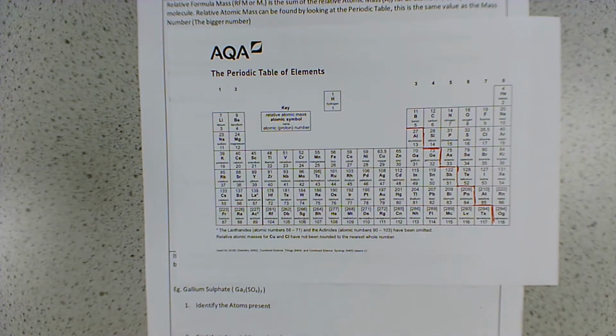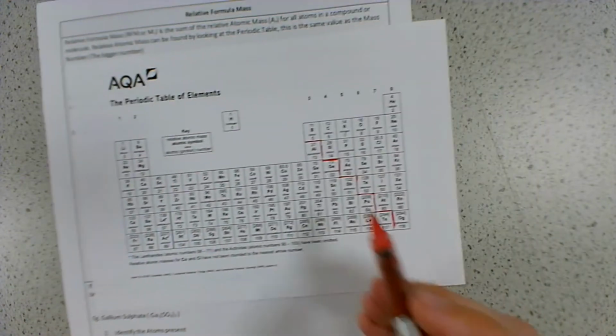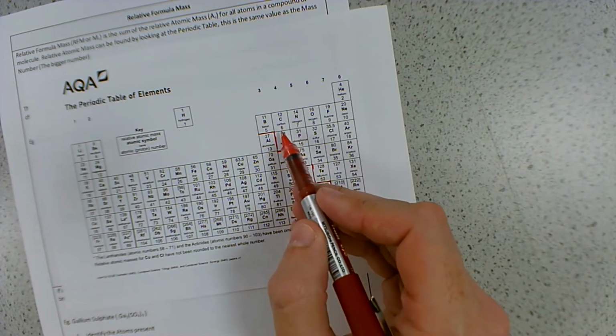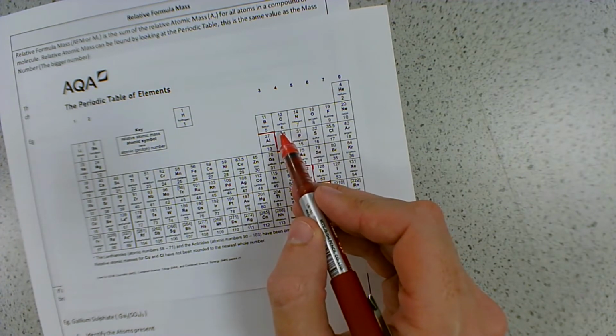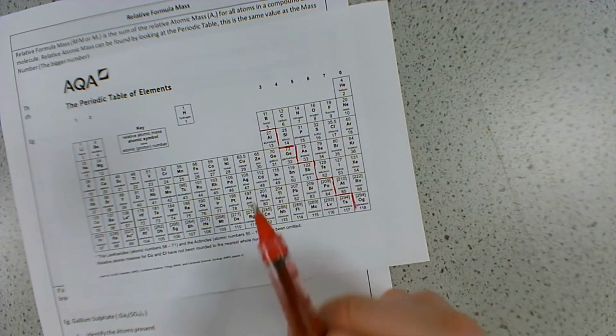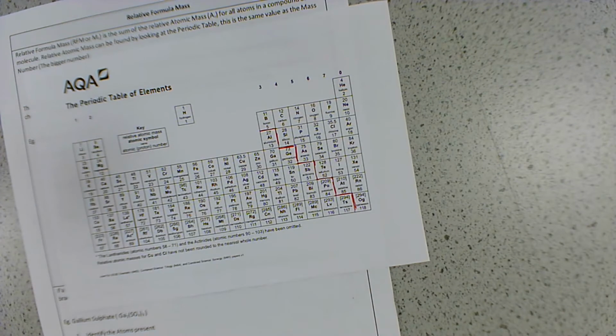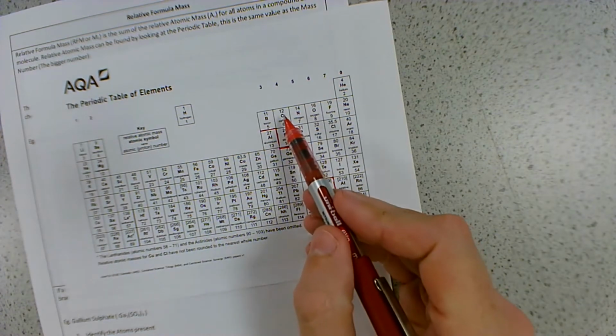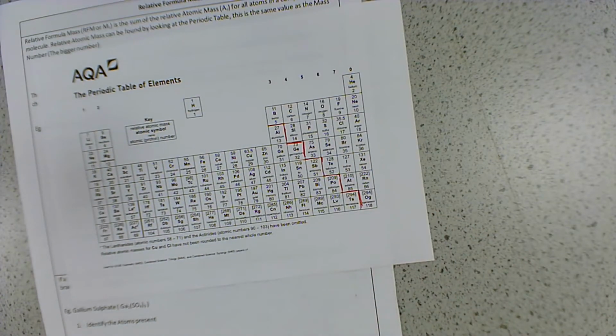You are told its atomic number and its mass number. But its mass number is the same as its relative atomic mass. So if I took carbon, for example, it's got an atomic number of 6, which means it's got 6 protons, and it has a mass number of 12, which means if you added the protons and neutrons together, it would add up to 12. But it also means it has a relative atomic mass of 12.